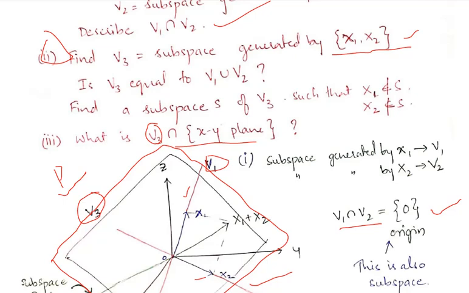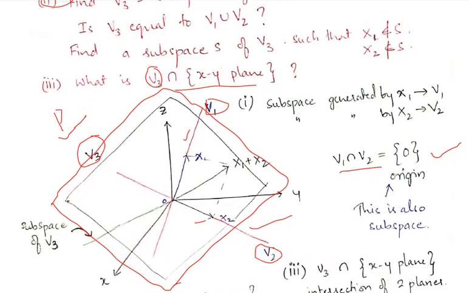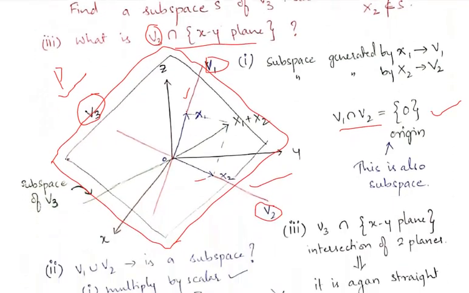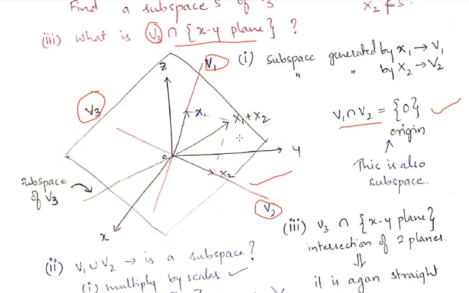So the next question is: is V3 equal to V1 union V2? See, individually V1 is this X1 and X2, correct? And what is V1 union V2? It is nothing but this value. By using the law of parallelogram, we will find this vector which will give the union of X1 and X2.